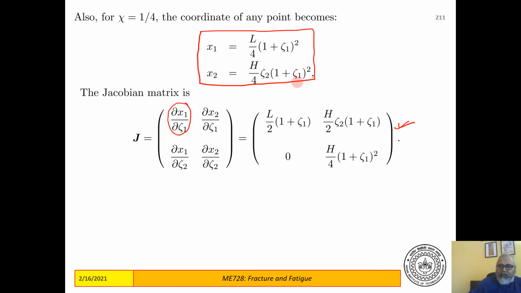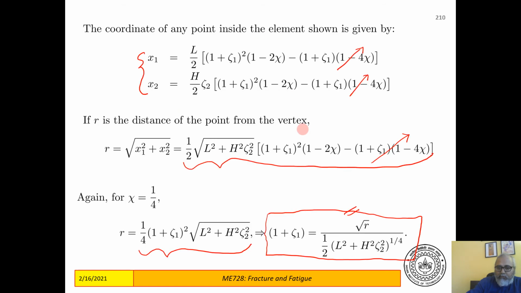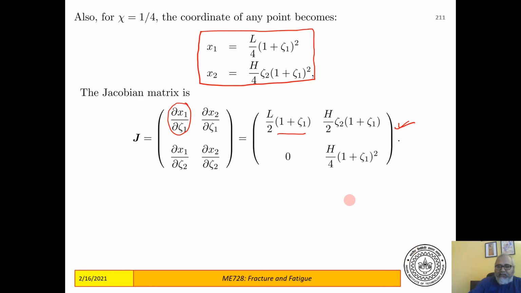Now we can plug in. We have expressions for 1 plus zeta 1 from here and here, and we can plug in these 1 plus zeta 1 values in terms of zeta 2 and root r.